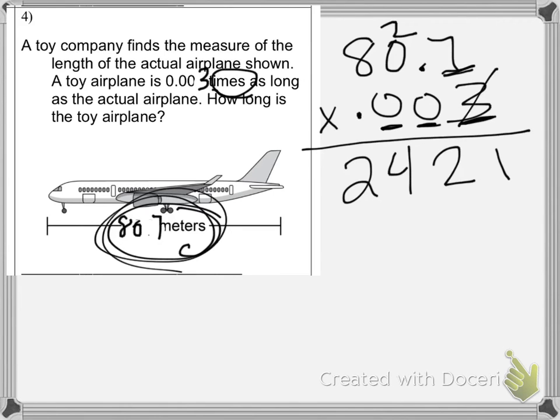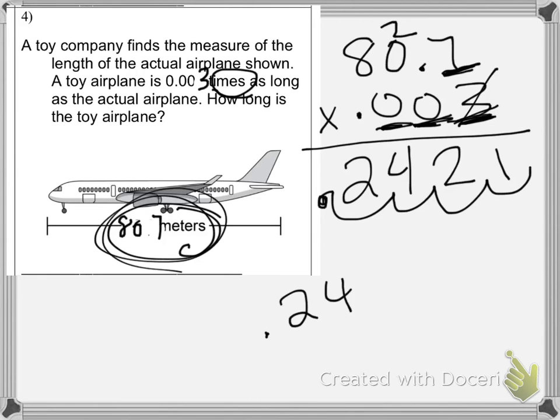But now I go to the back. Remember, we've got 1, 2, 3, 4 decimal spots. So if I go here, 1, 2, 3, 4. So my final answer would be 2,421 10,000ths of a meter. So the toy plane is very, very small. It's not going to be anywhere even close to a meter.